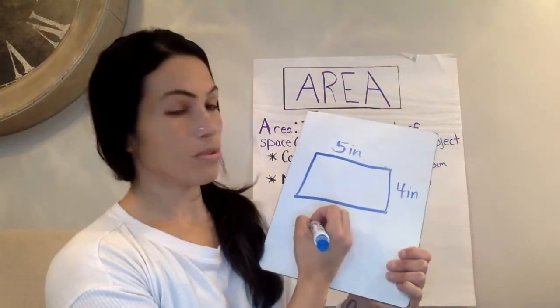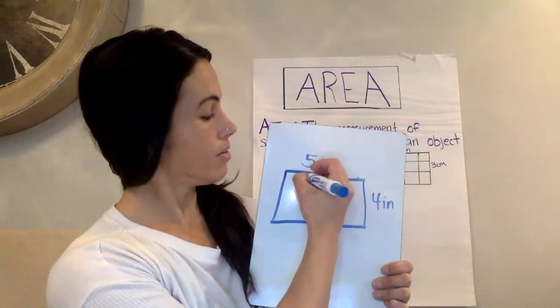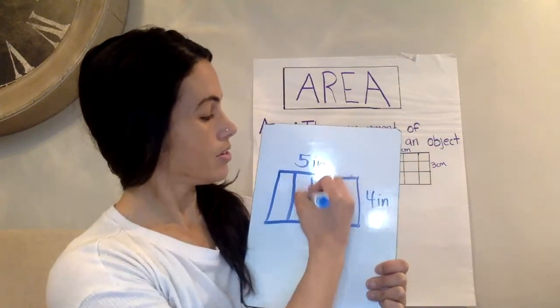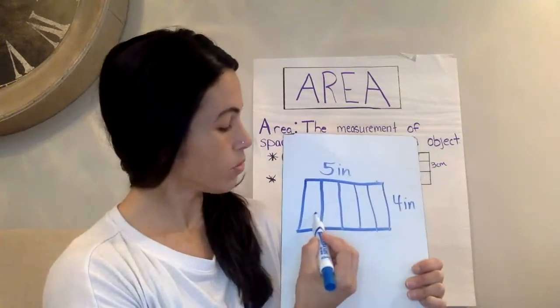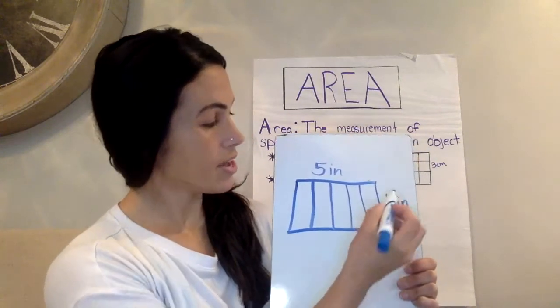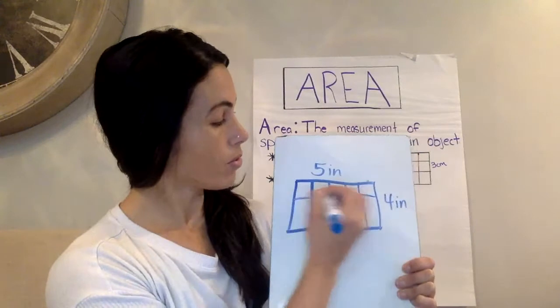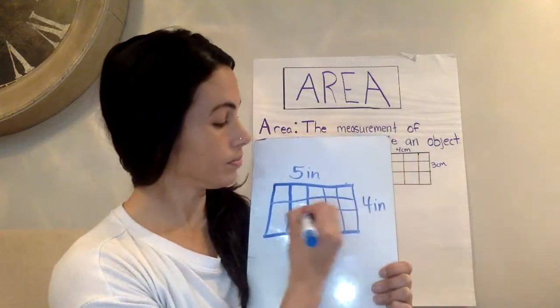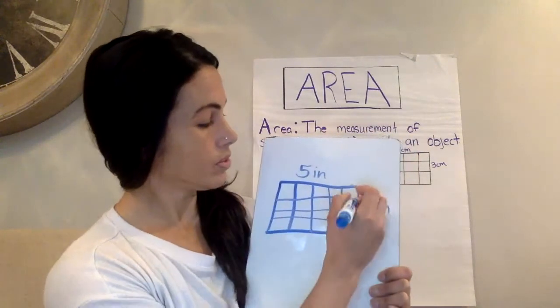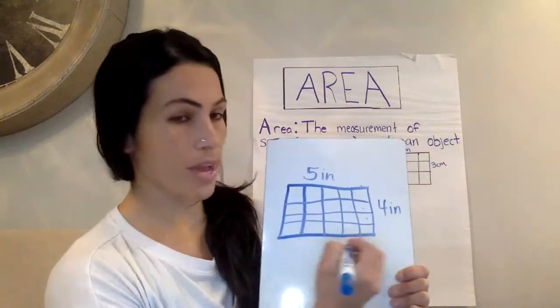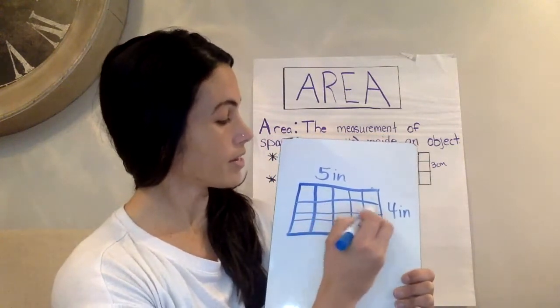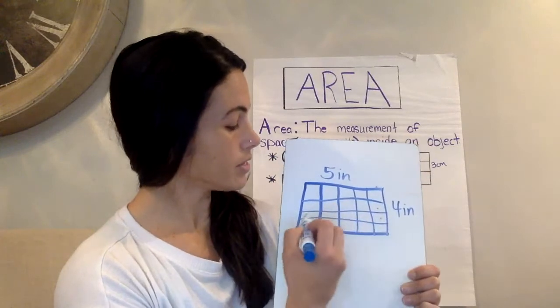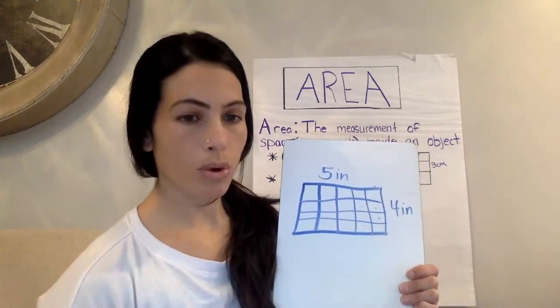So if you used the square method, 2, 3, 4, 5. Do I have 5 columns? 1, 2, 3, 4, 5. And then you want 4 rows because that's 4 over there. 1, 2, 3, 4, and then you count all the squares. 1, 2, 3, up to 20. 20 squares.